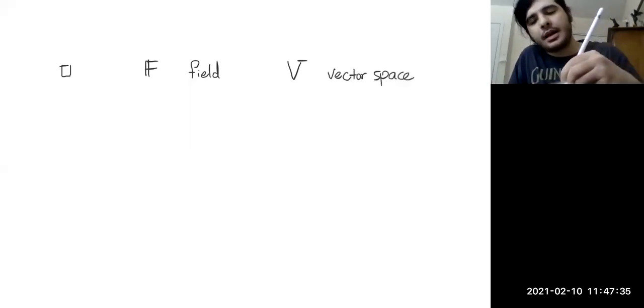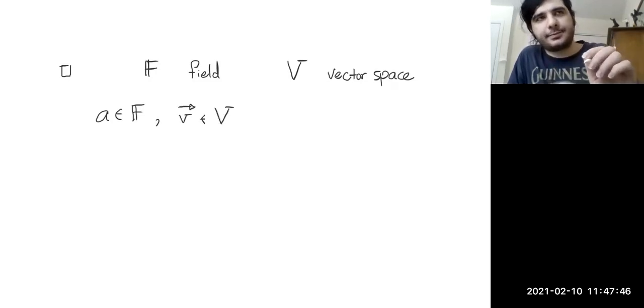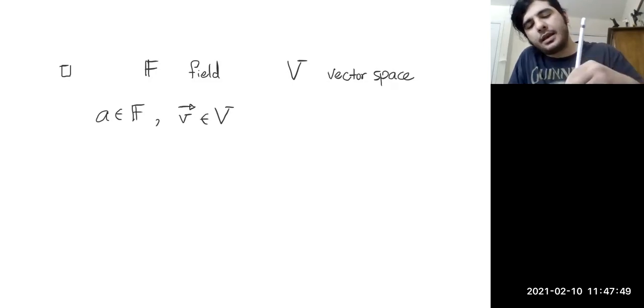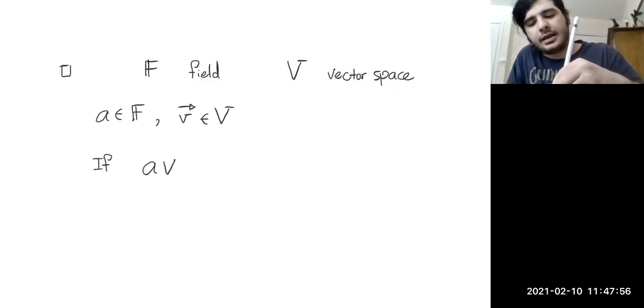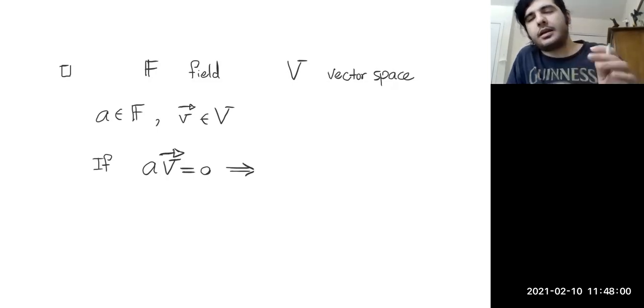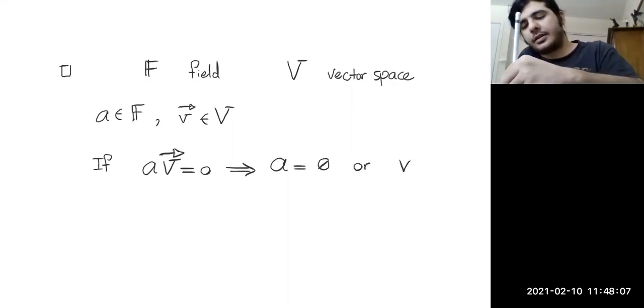Also suppose A is an element of this field and V is an element of this vector space. I want to prove that if A, an element of the field, times V, a vector, is 0, it implies either A is 0 or the vector V is 0.